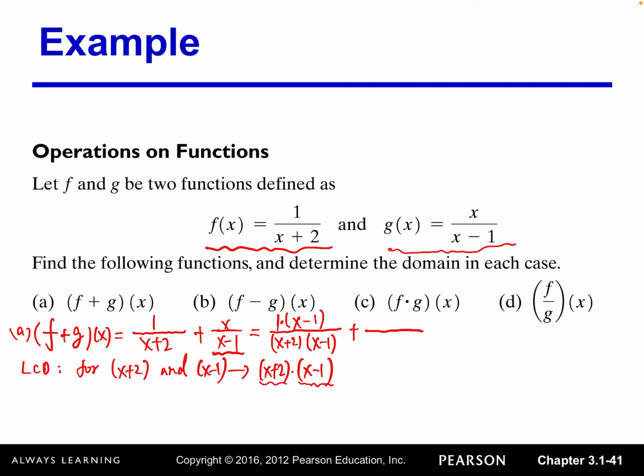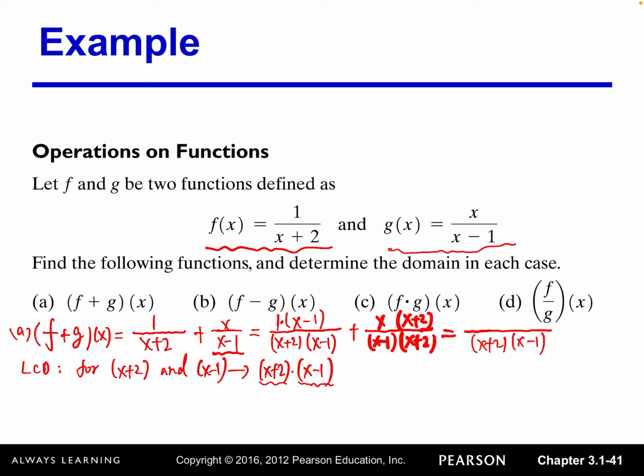And the second term, x over x minus 1. First we write x over x minus 1, and then the LCD is x plus 2 times x minus 1, right? So in the denominator, we need to multiply by x plus 2. In order to keep it equivalent, the numerator also needs to be multiplied by x plus 2. So now these two rational expressions have the same denominator, which is x plus 2 times x minus 1.